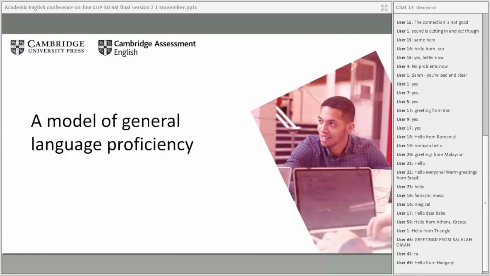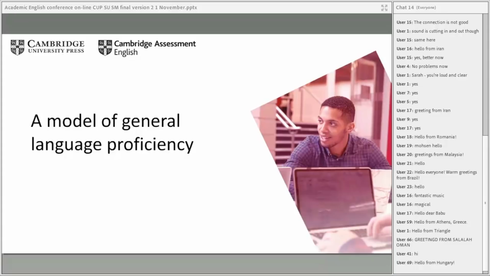So we're going to talk about 2 constructs that are widely used in pedagogic contexts. General language proficiency. This is a construct which focuses on speakers of other languages, and academic literacy, which is conceptualized as a set of skills that are needed for successful university study.